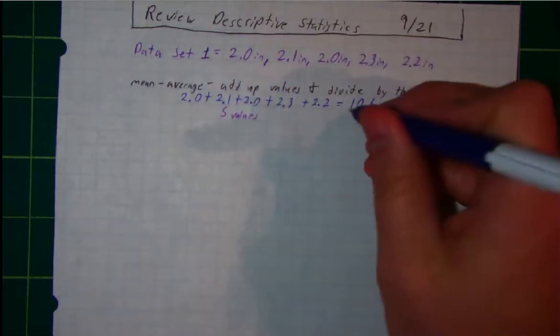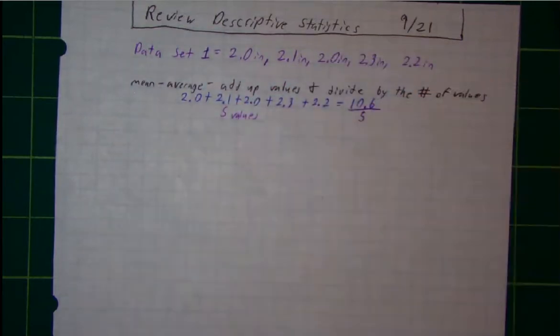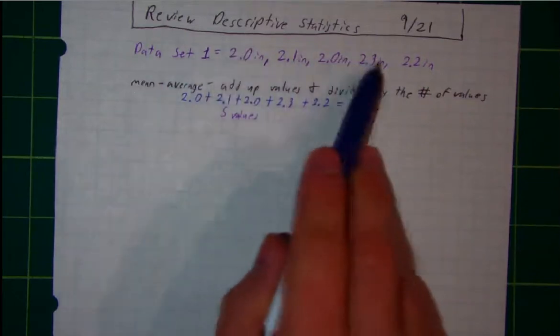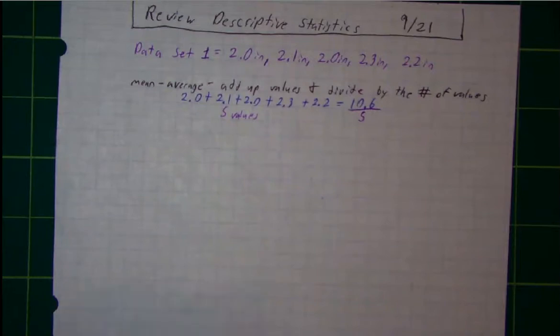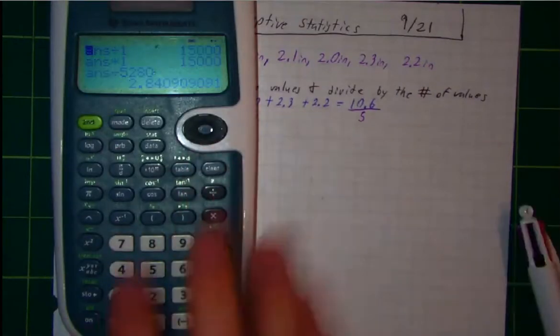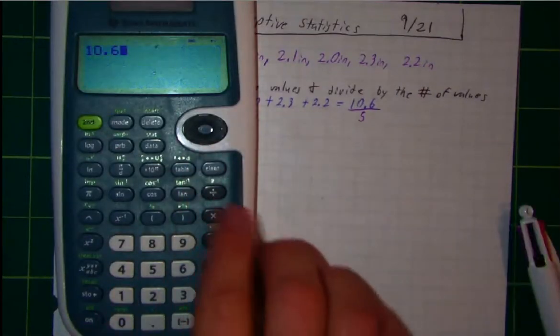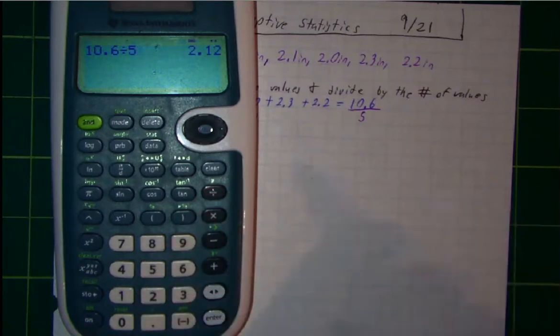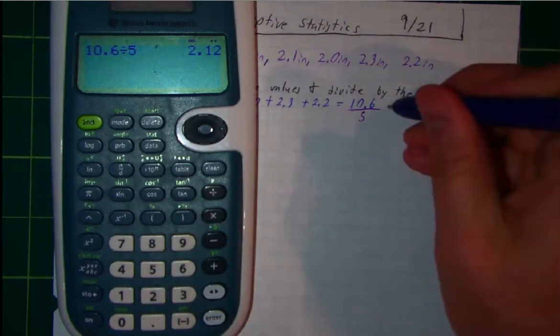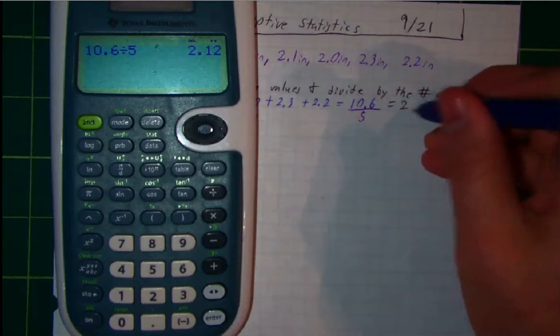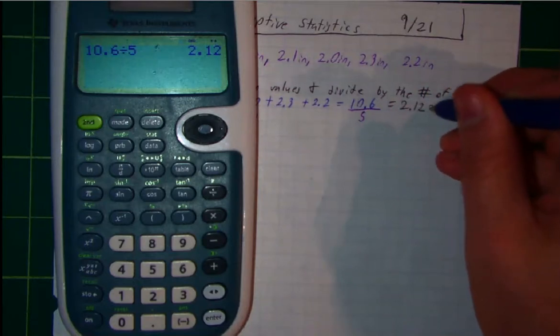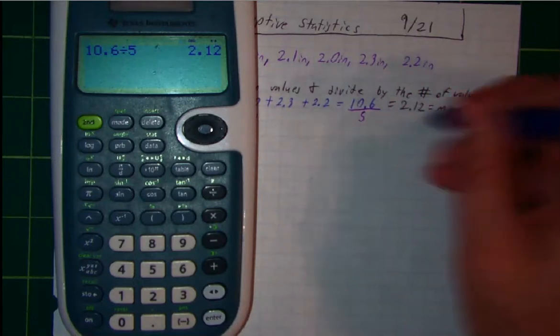And so we divide this by 5. When we say 5 values, we mean 1, 2, 3, 4, 5 of them. Okay, and what do we get if we type in 10.6 divided by 5? We get 2.12. 2.12 is our mean.